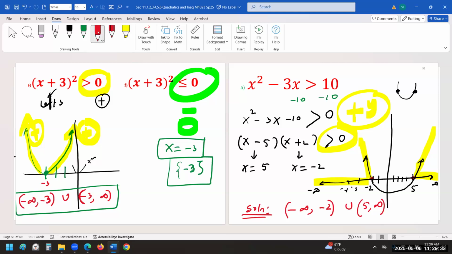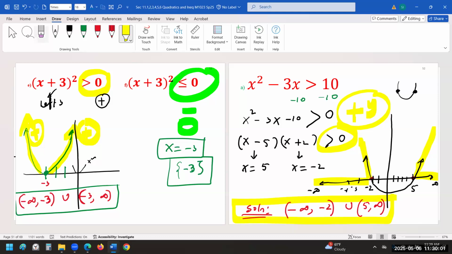So take any x value from negative infinity to negative 2, replace it here or in the original function, and you'll see all the y's are positive. Same thing, take any number from 5 to infinity, replace it into your function, and you'll see your y is positive. So our solution is this set.